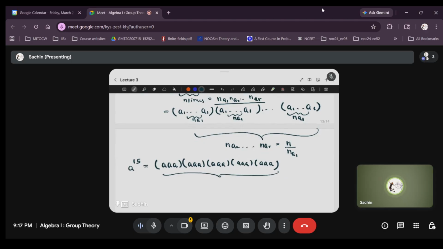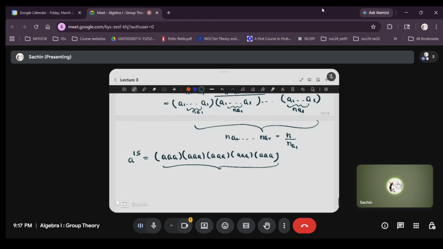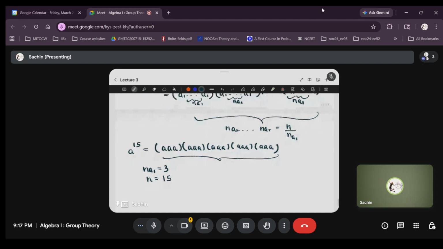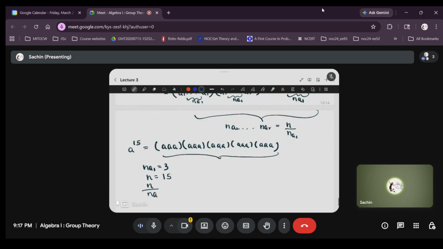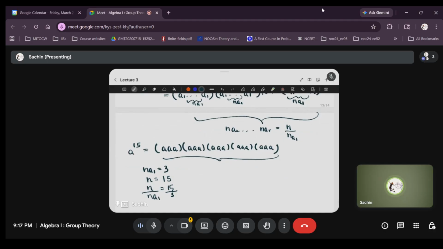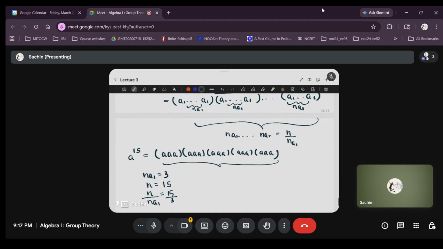I can group them into groups of 3, and there will be 5 such groups. So here my n_a1 is 3 and N is 15. So N divided by n_a1 is 15 by 3. That many groups of a's I have, with each group having n_a1 number of a's.